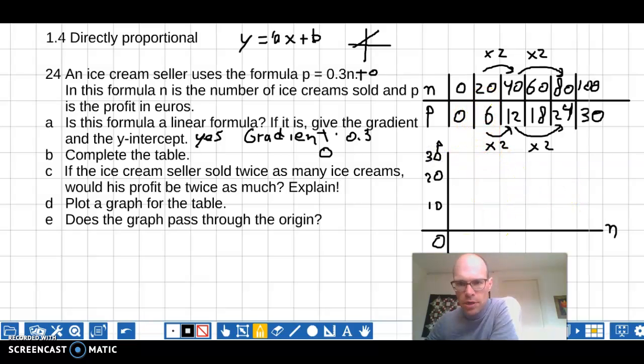And then the number is 0, 20, 40, 60, 80, and we need 100 over there. 100 is 30 over there, 20 is 6 over there, hopefully it's not too bad, 12 over there, 60 was 18 over there, and 80 is 24 over there, and I'm going to draw a line.